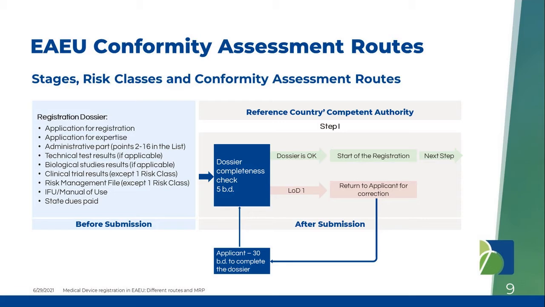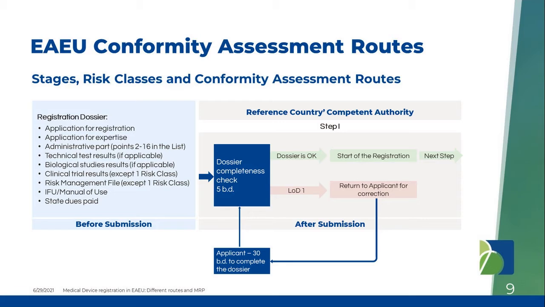The next stage after submission, and there are some steps of the process. The first step is a formal check of the completeness of the dossier and correctness of the application. It should be checked before subject expertise. This task should be done in 5 business days.